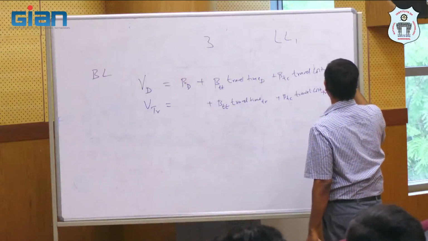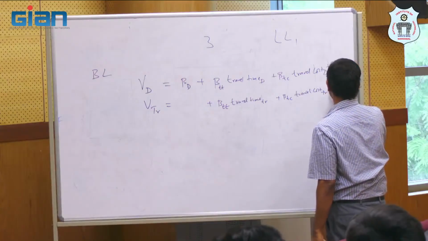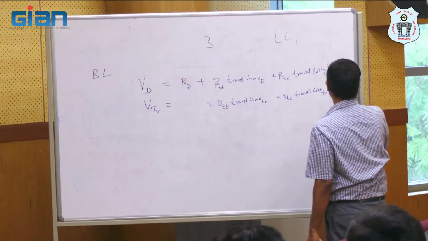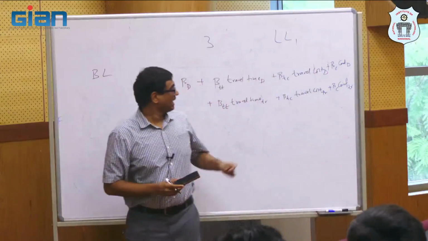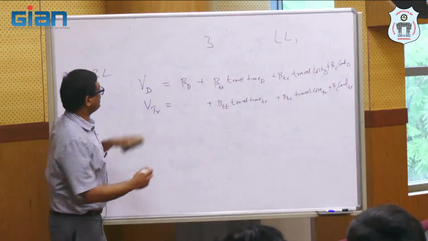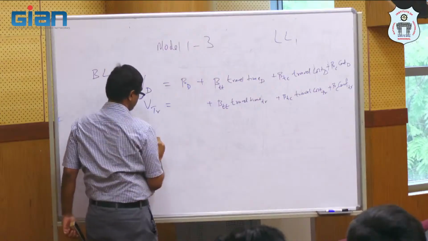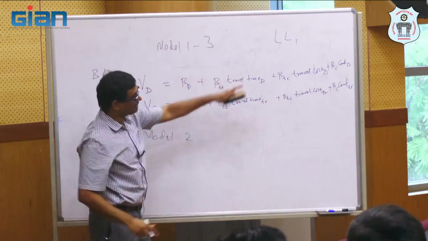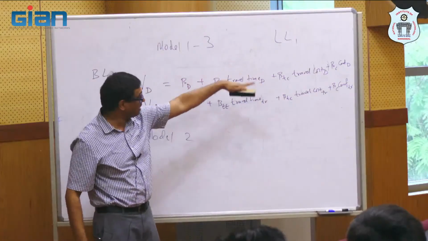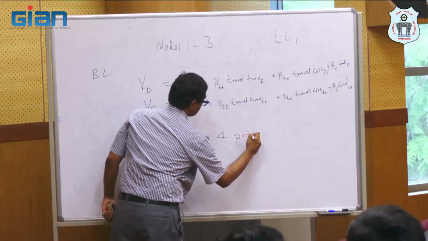We call it beta comfort. Model 1 has 3 variables. Model 2, again I'm using comfort as the same variable for both of them, so I only have one more extra coefficient. Model 2 will have 4 parameters.